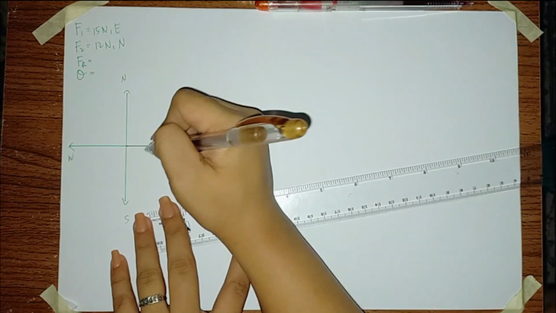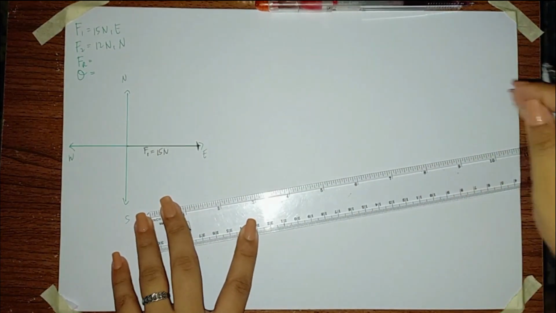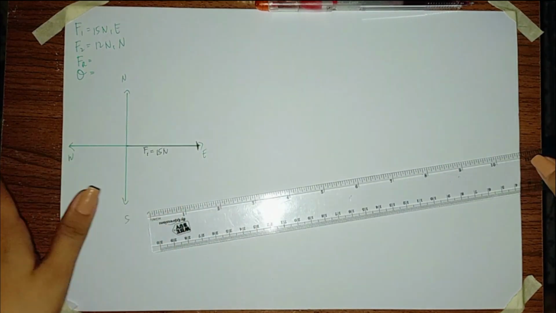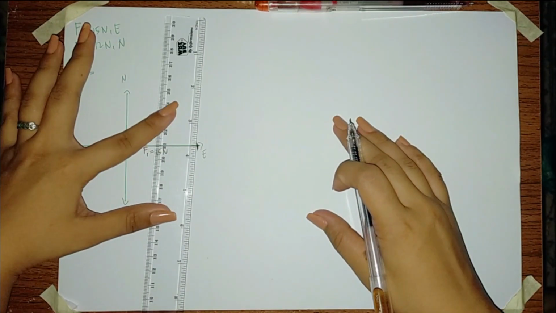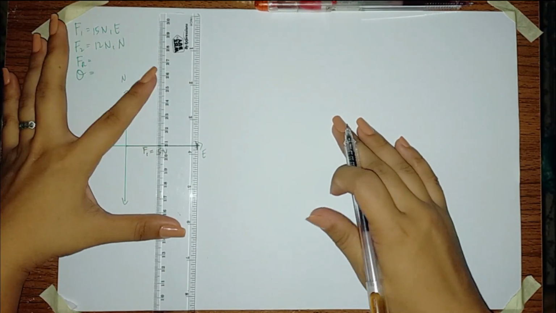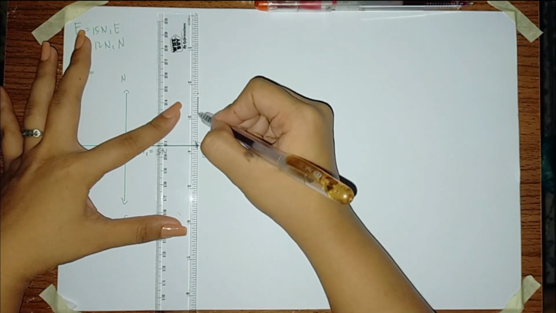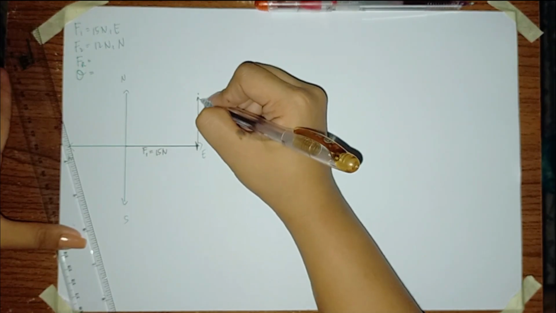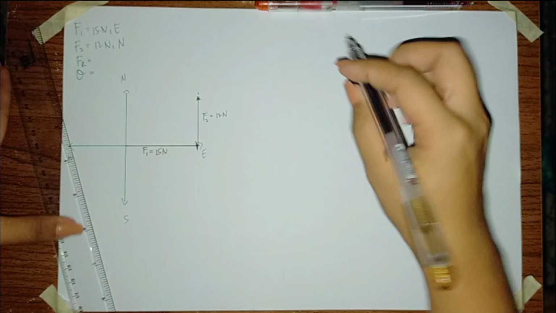Let's label it. F sub 1 is 15 newtons. Sorry, the penmanship is not good. Next, let's have here our second vector. It's 12 newtons directed north. Let's label it, F sub 2, this is 12 newtons.